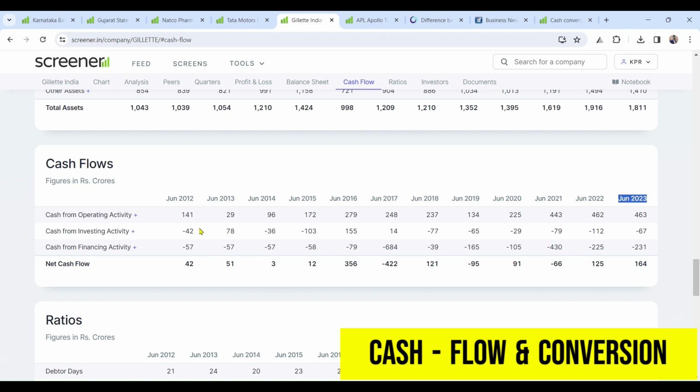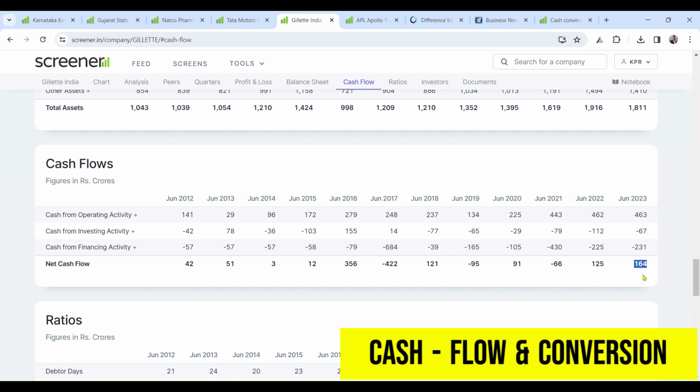From operations, the company has generated 463 crores, which has come into the company, out of which the company has invested 67 crores, which has gone out of the company, and financing activity 230 crores has gone out.